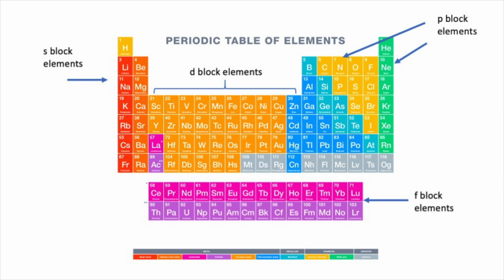Now between groups 2 and 3 in the periodic table we have d block elements, and in this video and upcoming videos we're going to look in detail at these elements. And I've also included on this slide f block elements which we don't cover at A level, but I've included them just so you are able to understand where they're located in the periodic table.